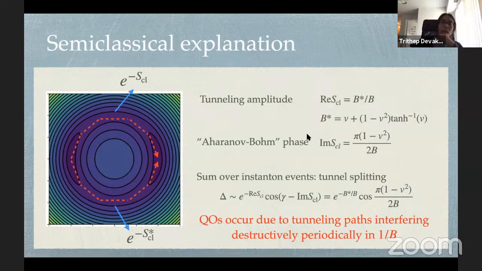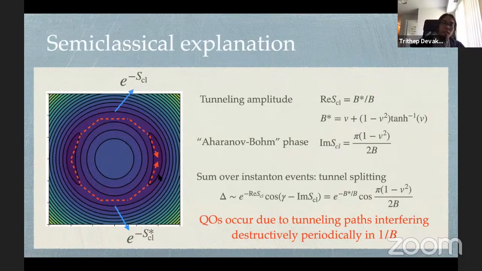And your tunneling amplitude, which is the real part of this classical action, takes on this form, some B star over B, where B star is some function of V. You also have the imaginary part of the action, which is associated with an Aharonov-Bohm phase that you get for moving along these two paths. That's the imaginary part, and it's given by this expression.